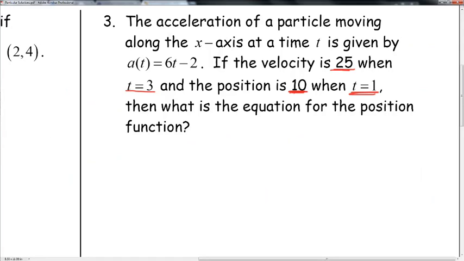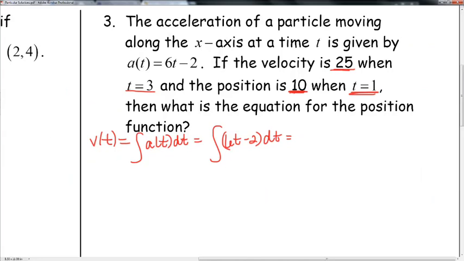Well, if they gave me the acceleration, the antiderivative of acceleration is velocity, and the antiderivative of velocity is the position function. So I have to take the antiderivative twice and solve for c twice. So let's first find our v of t. And that's going to be equal to the antiderivative of your acceleration function, which is 6t minus 2.